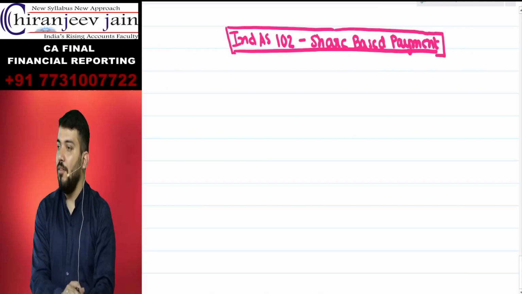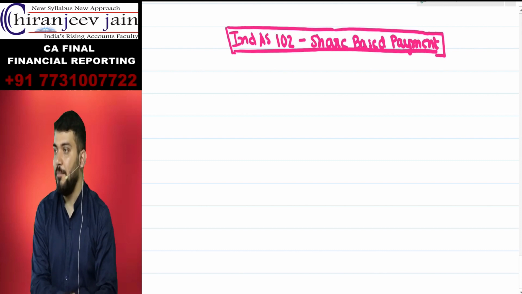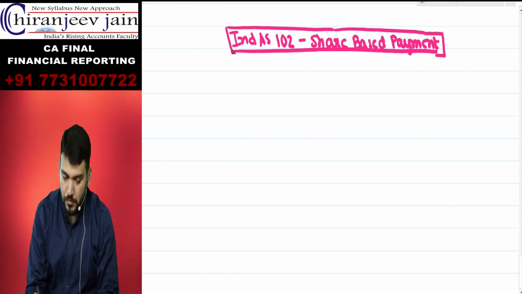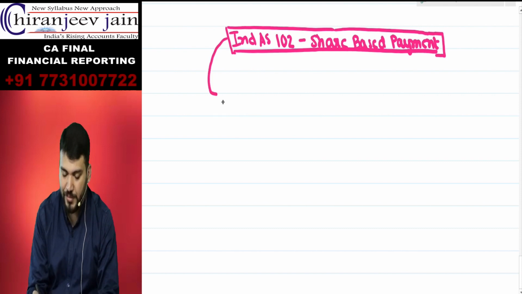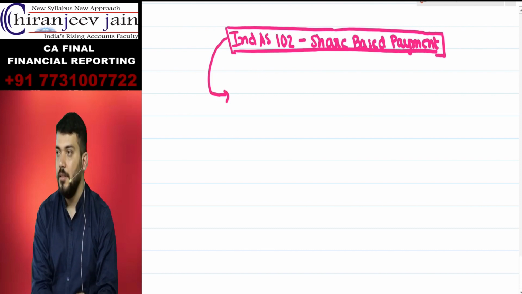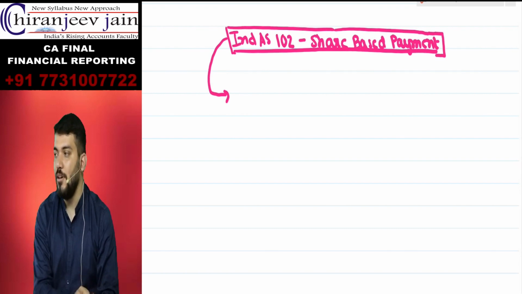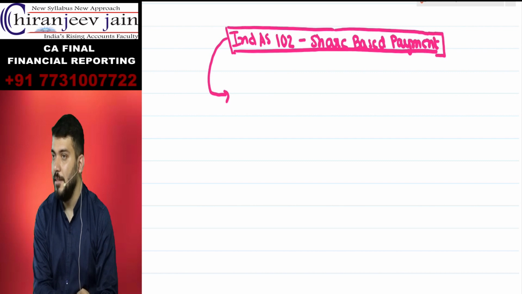So we'll start now Ind AS 102 share based payment. Okay? Whether you have done this in IPCC. In IPCC, which chapter have you done? ESOP, Employee Stock Option Plan.